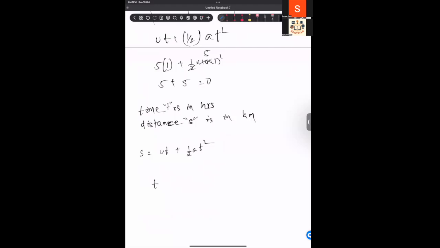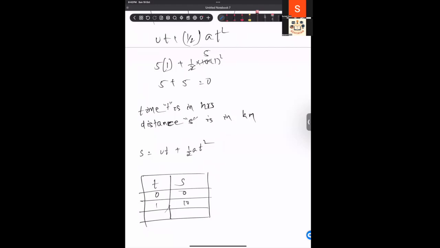Now t and s: for 0 the distance is 0, for 1 hour the distance is 10.